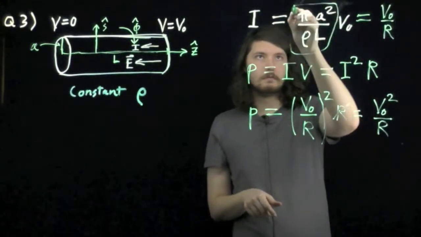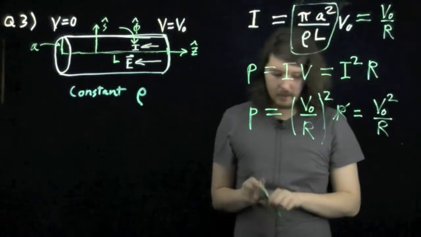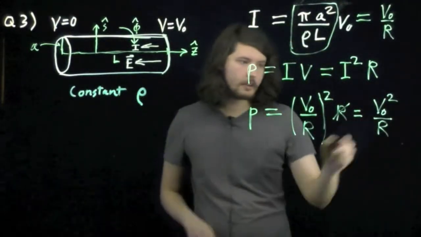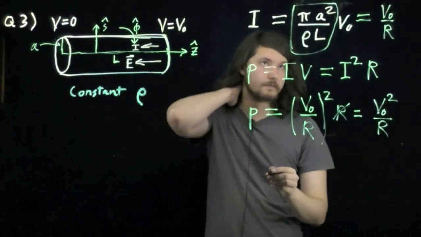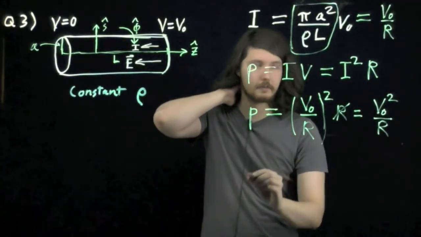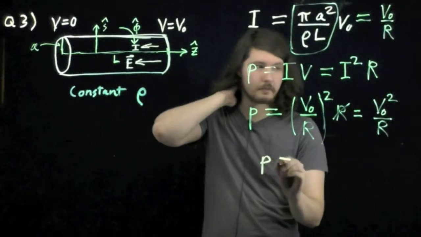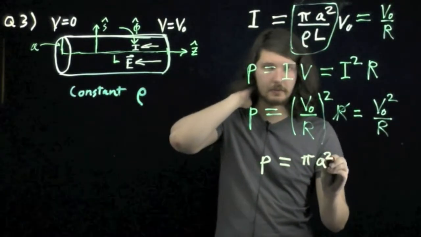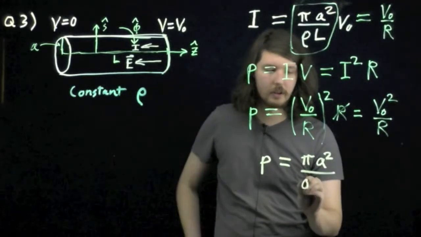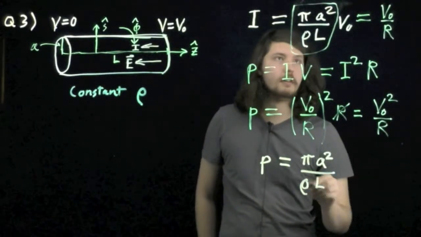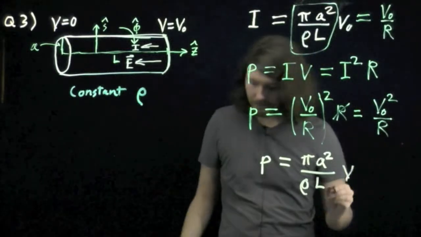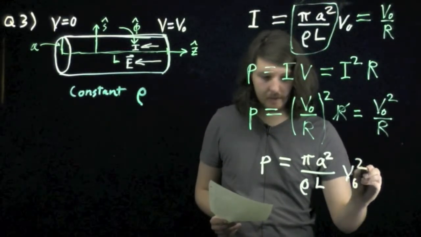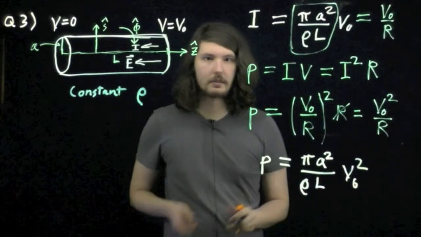And so we are left with power equal to pi a squared over rho L times V naught squared. And with that, this problem is finished.